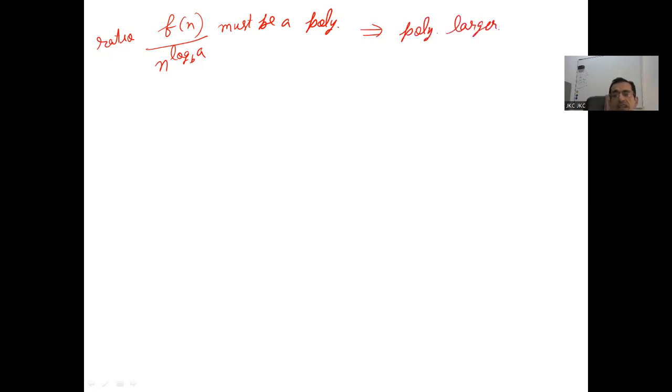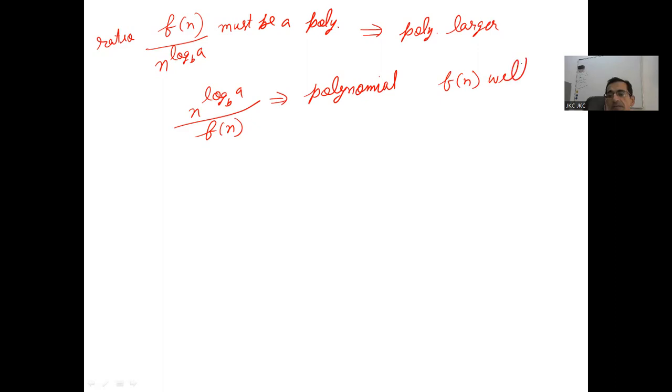And obviously, if I say the reverse, that n^(log_b a) divided by Fn is equivalent to a polynomial, then I will say Fn will be polynomially smaller. So we have to prove that.